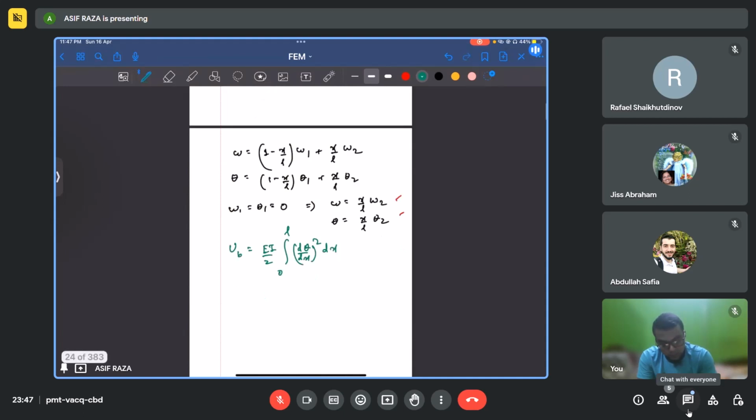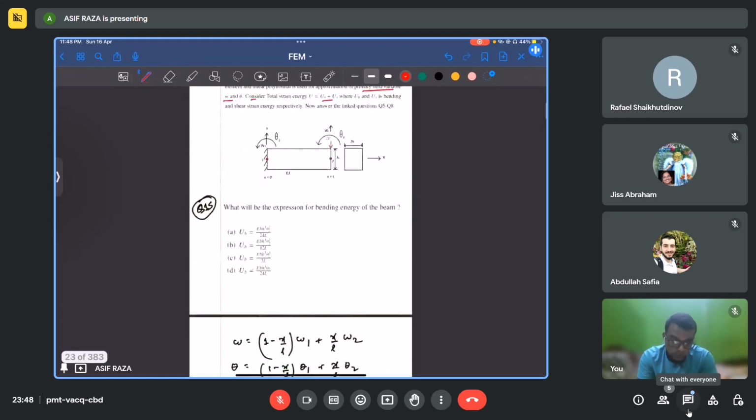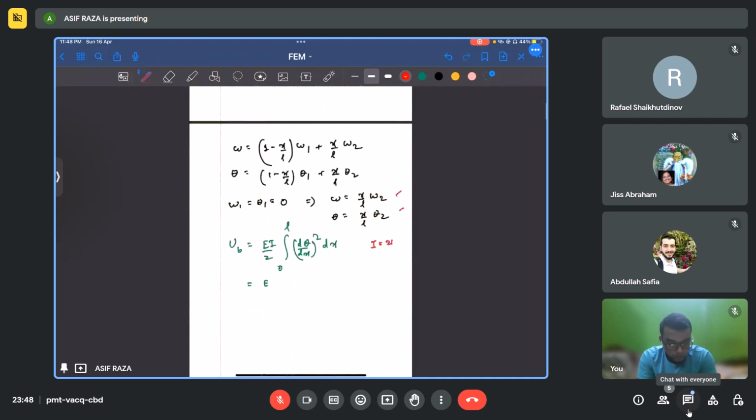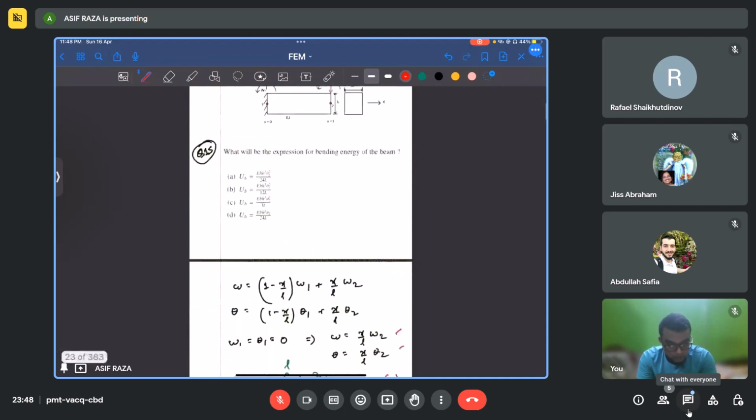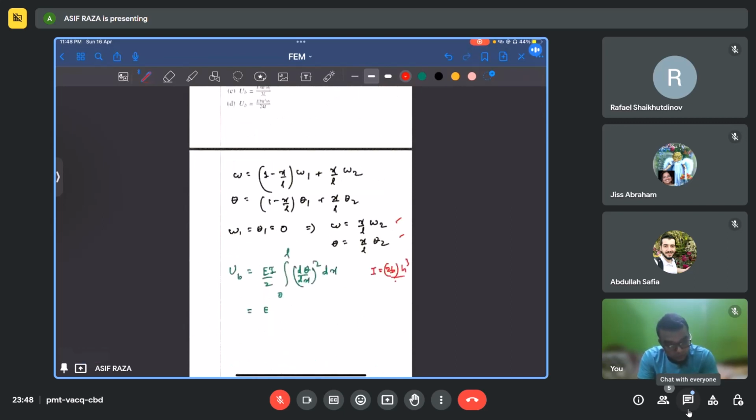I is equal to B D cube by 12. In this question B is 2B, D is H, so I is 2B H cube by 12, which is B H cube by 6.